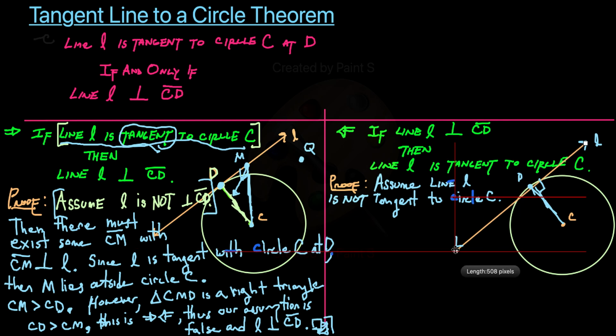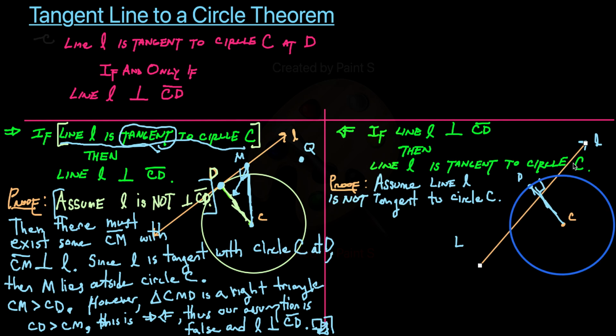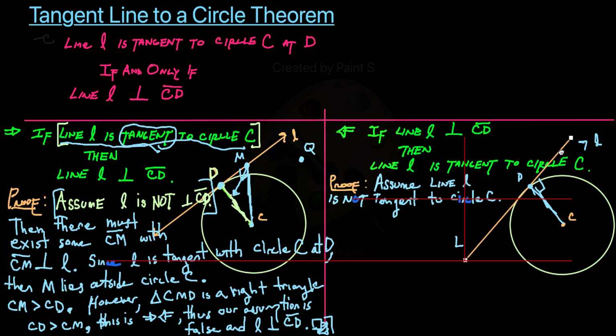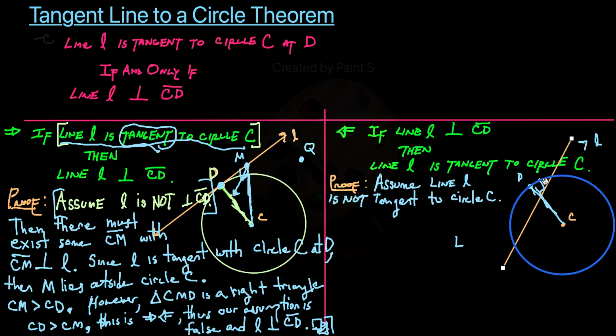I'm going to try and modify this. So let's see if I can do this. Okay, so I'm just going to move everything over, and then I'm going to move this back over to D. All right, I'm going to have to change it again, but that's okay. And then, if it's not tangent, that means that L intersects the circle at D and some other point M based upon my assumption.